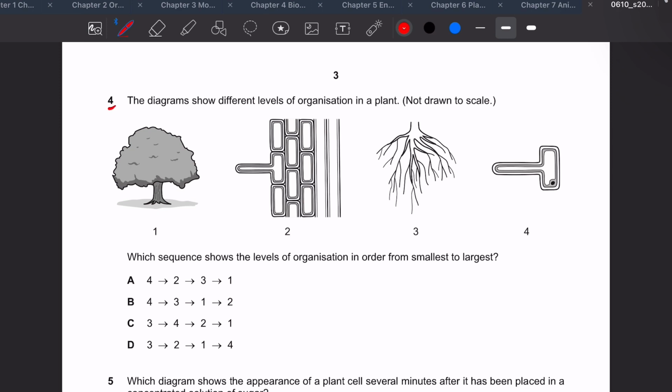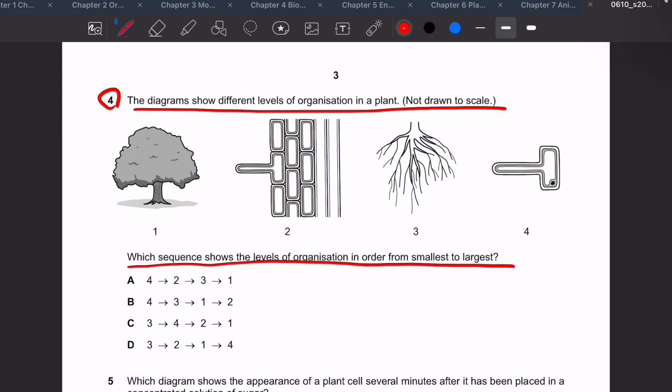Number 4. The diagrams show different levels of organization in a plant. Which sequence shows the levels of organization in order from smallest to largest? This question is pretty simple if you think about it. Number 4 is, of course, the smallest one because this is a root hair cell.